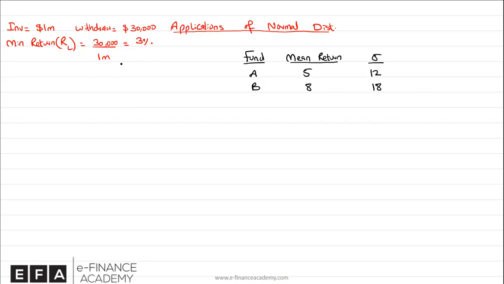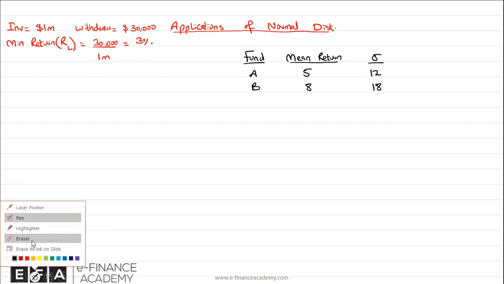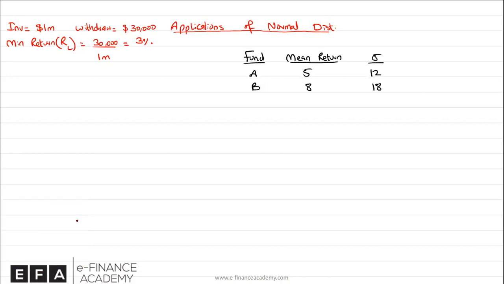To answer that, we could look at a ratio whereby we compare the return against the risk, and the fund that gives us the higher return per unit of risk should be safer. So let's look at something called the safety first ratio, or in short, the SF ratio, which compares the return of the portfolio or the fund against the risk.